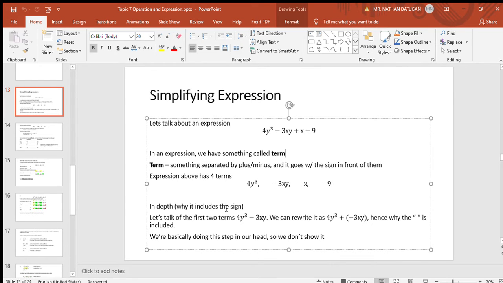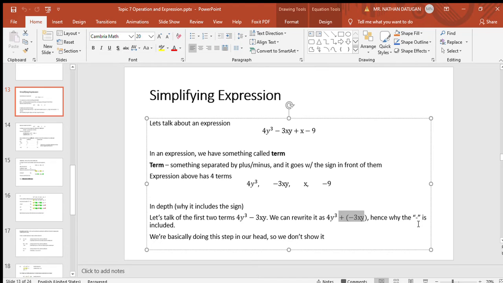So why does it include the sign? Why am I saying this is negative 3xy and this one's minus 3xy? Well, let's take the first two terms of this expression and let me explain the reason why. We can change this expression with the addition rule into 4y cubed plus negative 3xy. So now we have this term and this term. And we're doing it for all the terms, all four terms.